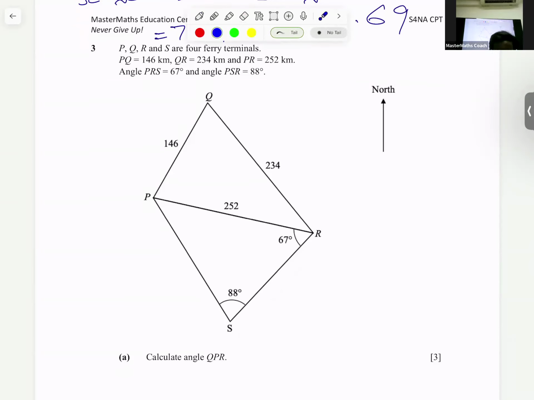Okay. Next question. P, Q, R, and S are 4 ferry terminals. You all know what's a ferry terminal now? You take ferry and go where?